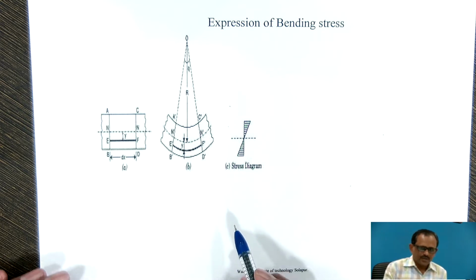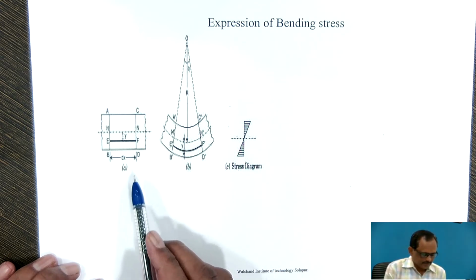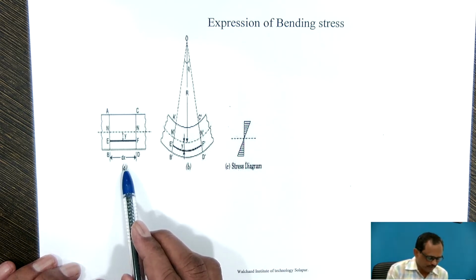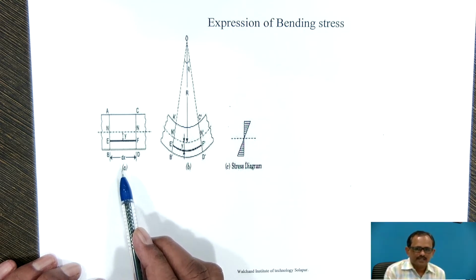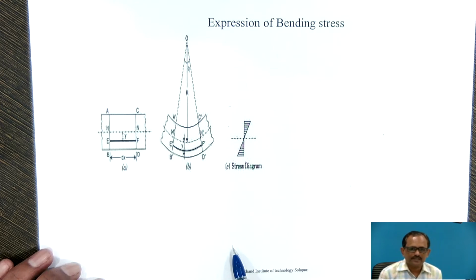As shown in the figure, consider the portion of the beam of length dx, and this portion of the beam is subjected to pure bending.